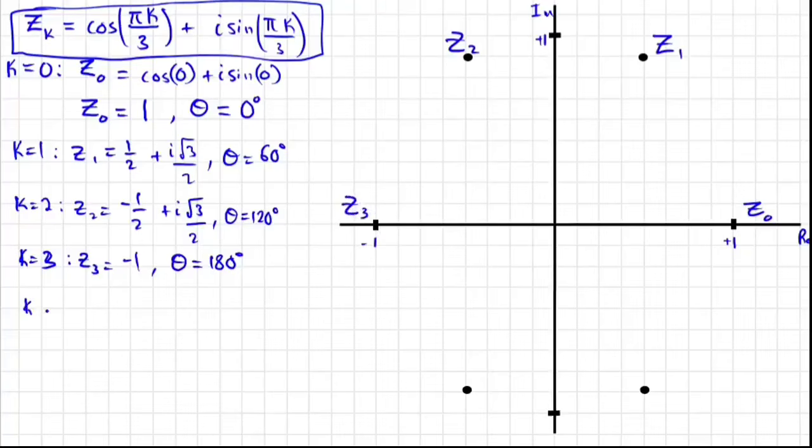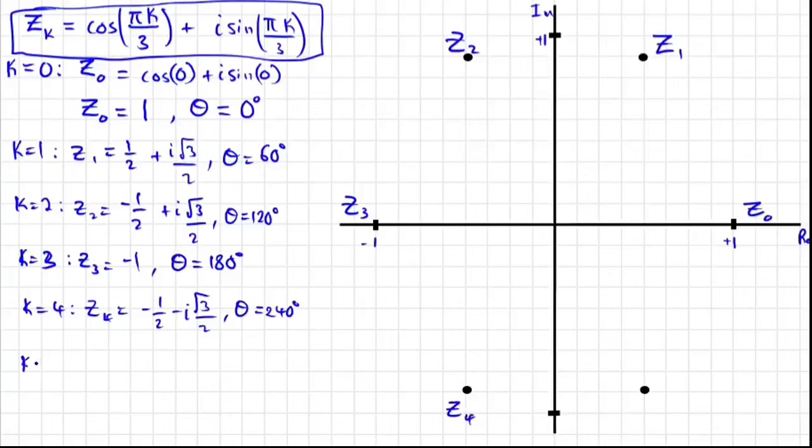So next, when k is 4, this is z4. This is the complex number negative half minus I root 3 over 2. And the theta for this one is simply 240 degrees. And that's the complex number that we have here. So this here is our z4.